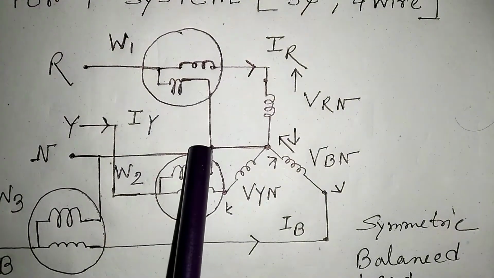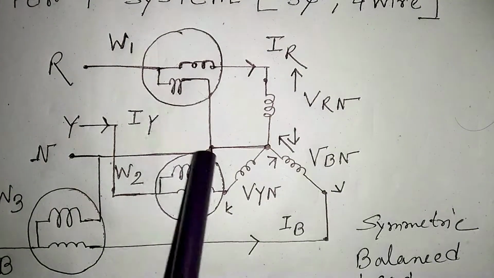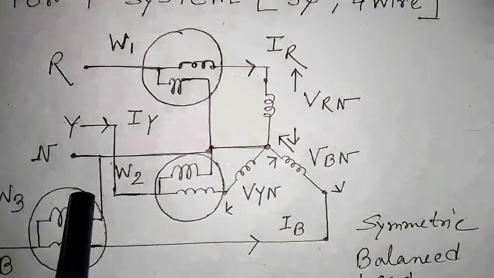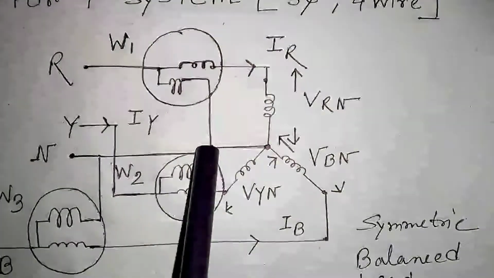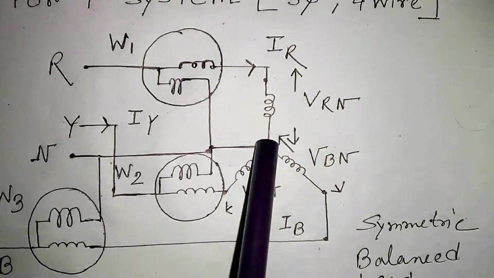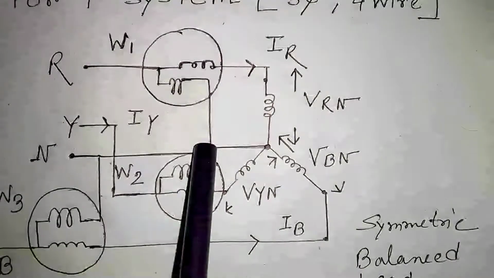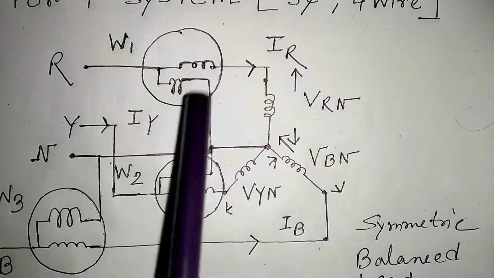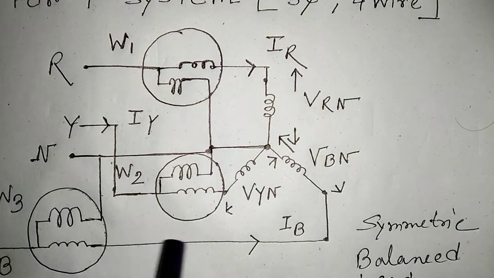The pressure coil is used to measure the voltage difference between these 2 points. All the pressure coil points are connected to the neutral point of this system, and the current coils are connected in series in the 3 different phases.